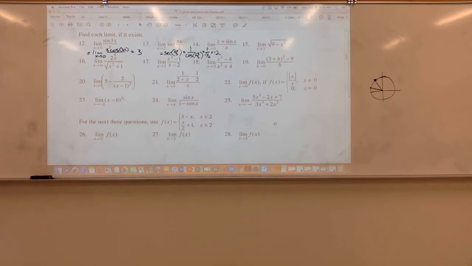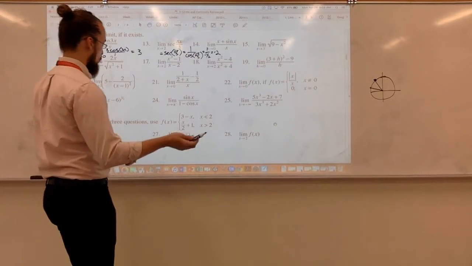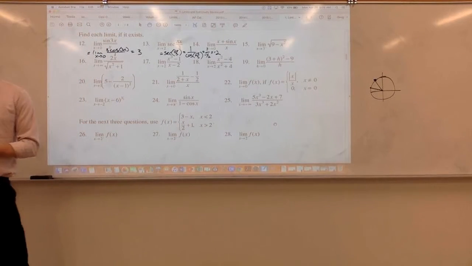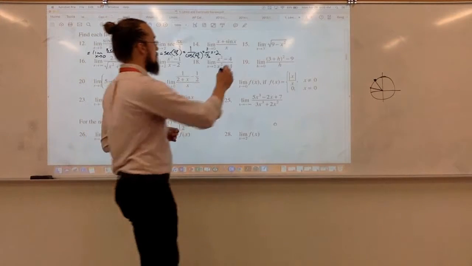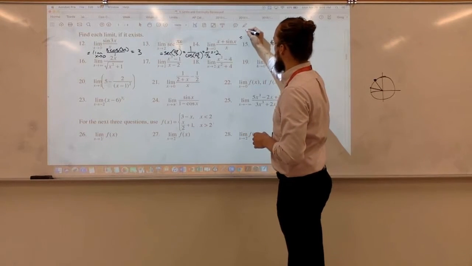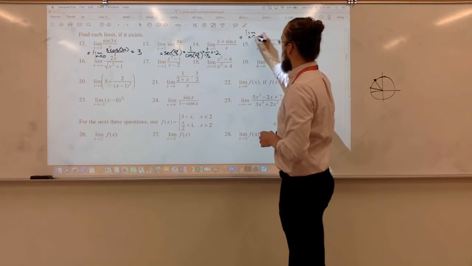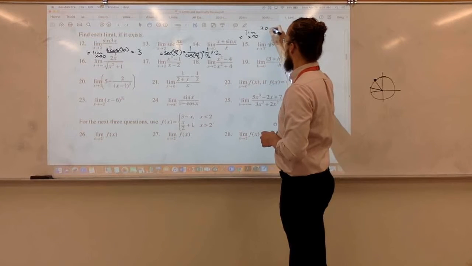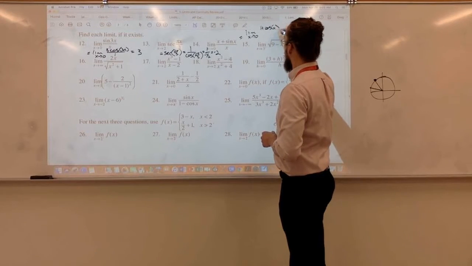All right, let's do 14. On this one, we can look at 0. We get 0 over 0. So the derivative is going to be 1 plus cosine of x over 1.